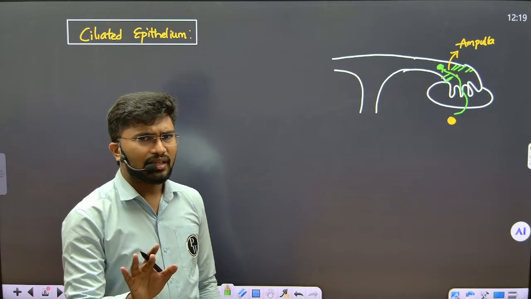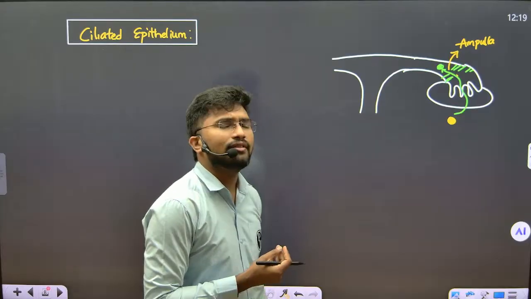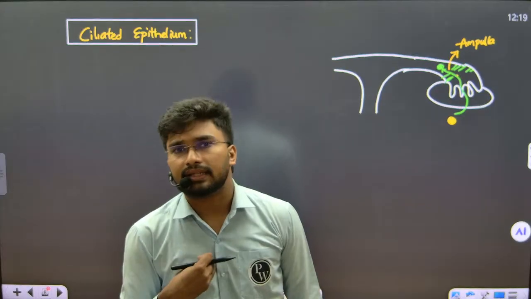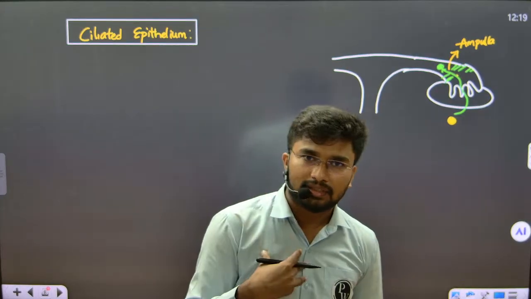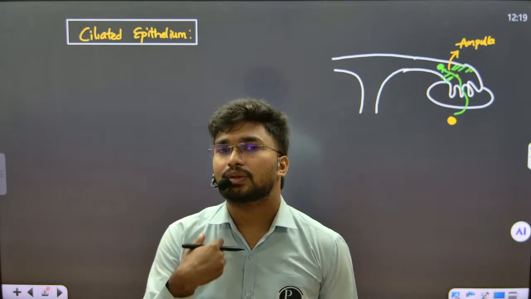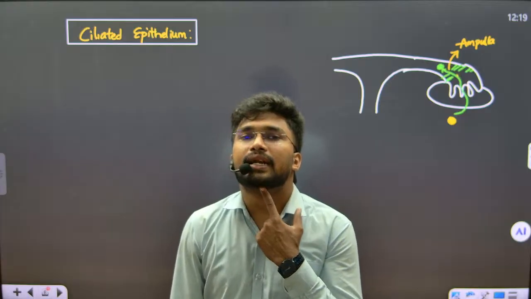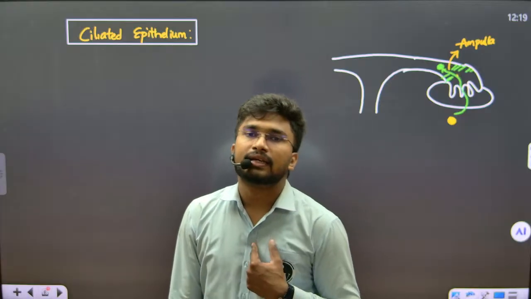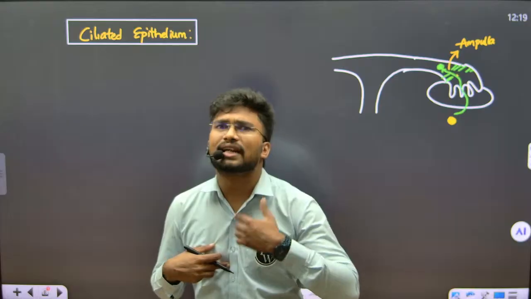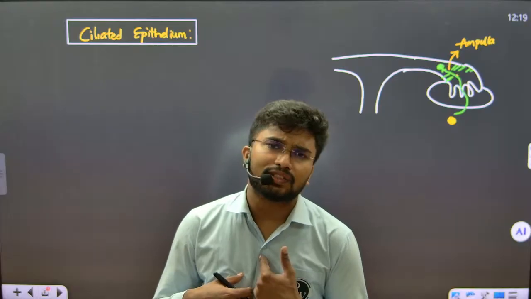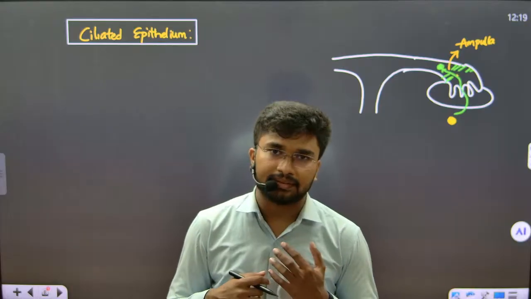Not only that, you can take another example. Sometimes we inhale dust particles. When we inhale dust particles, our body naturally tries to remove them. Again, in the respiratory tract, take one example, the trachea, also called the windpipe.